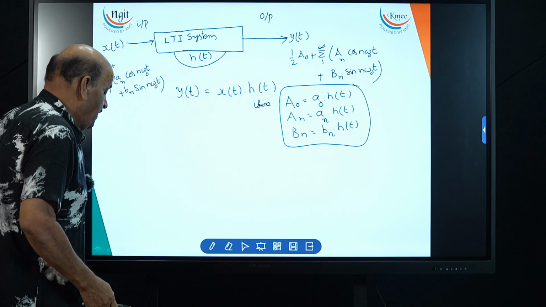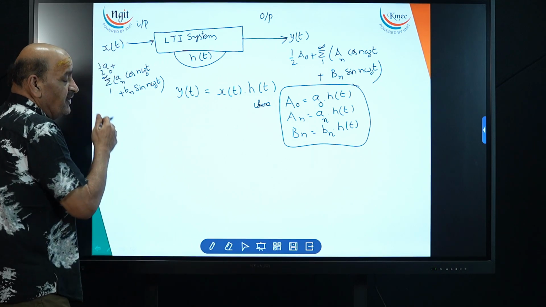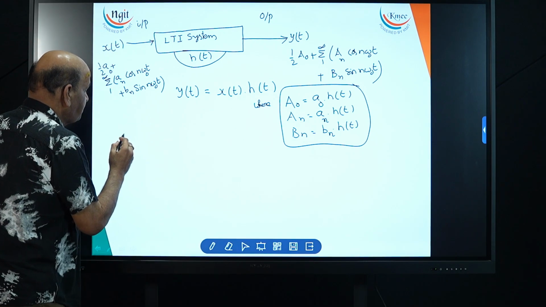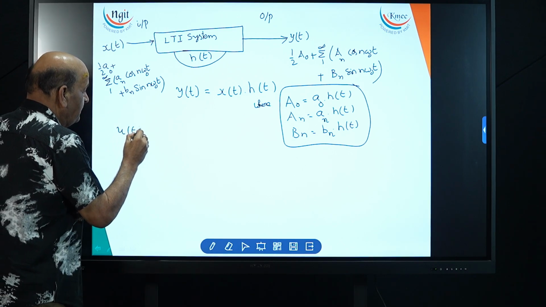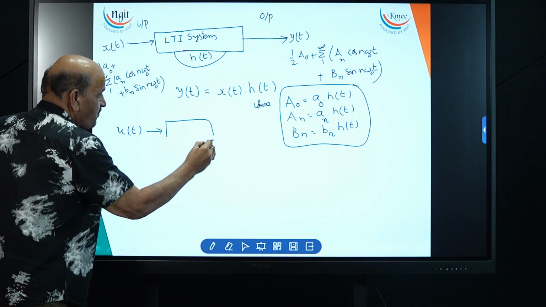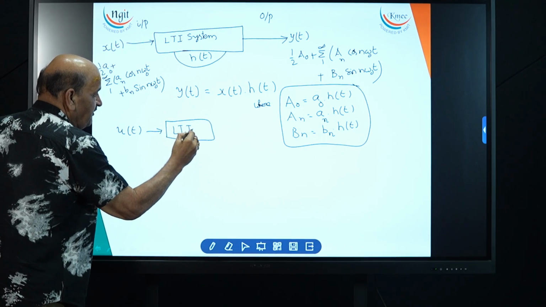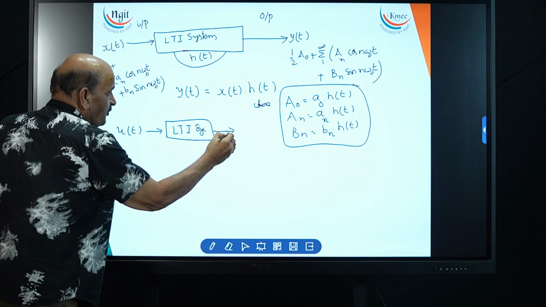That is important. For example, if you send a unit step function u of t through a linear time invariant system, what could be the output?